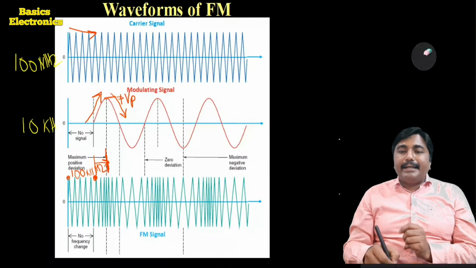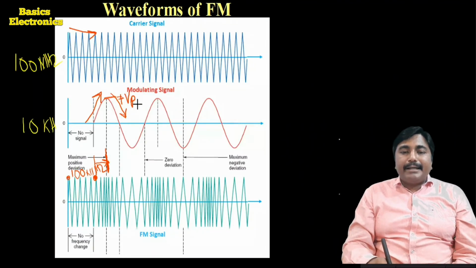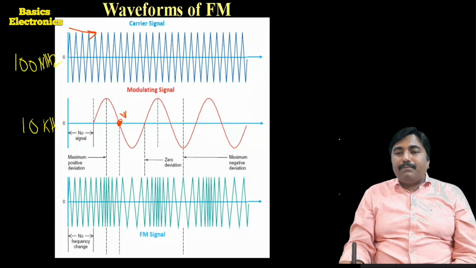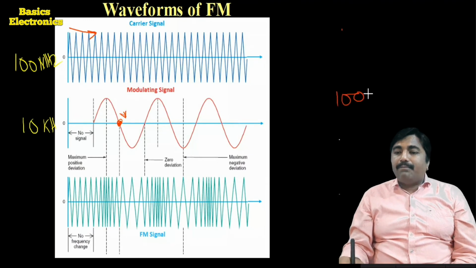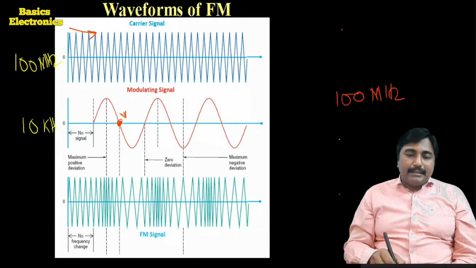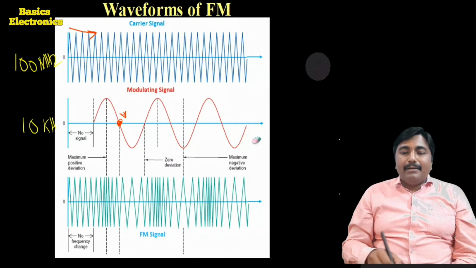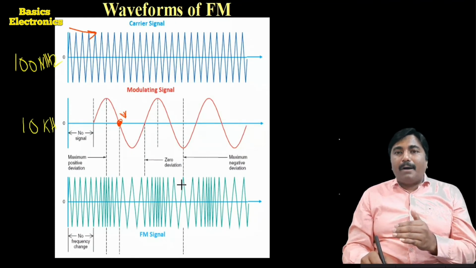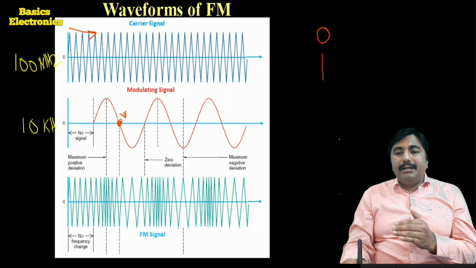If we consider the negative cycle, as the modulating signal starts decreasing from the zero reference voltage at this point here, it has the frequency of 100 megahertz. Now the modulating signal starts decreasing its voltage from 0 volts towards the minimum value of minus Vp.